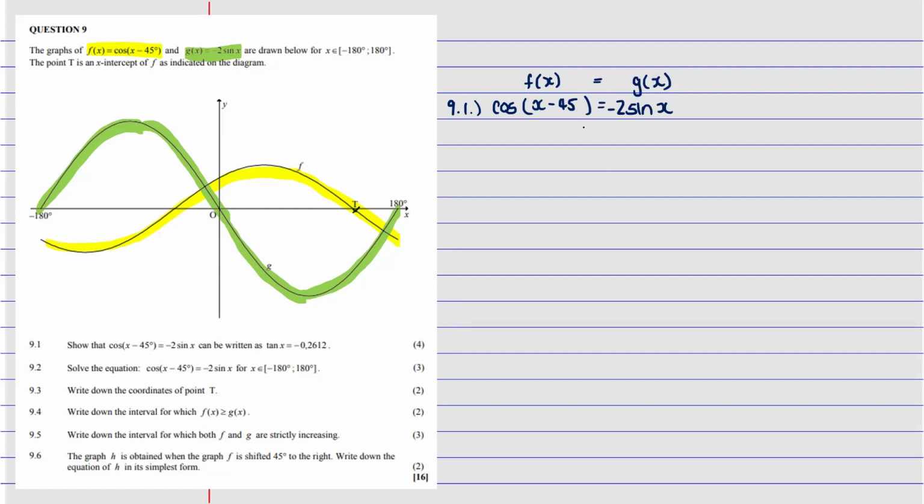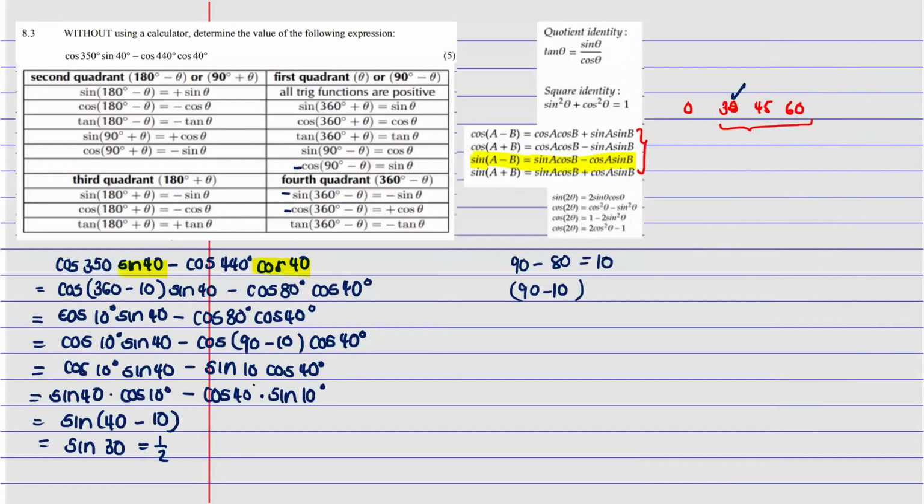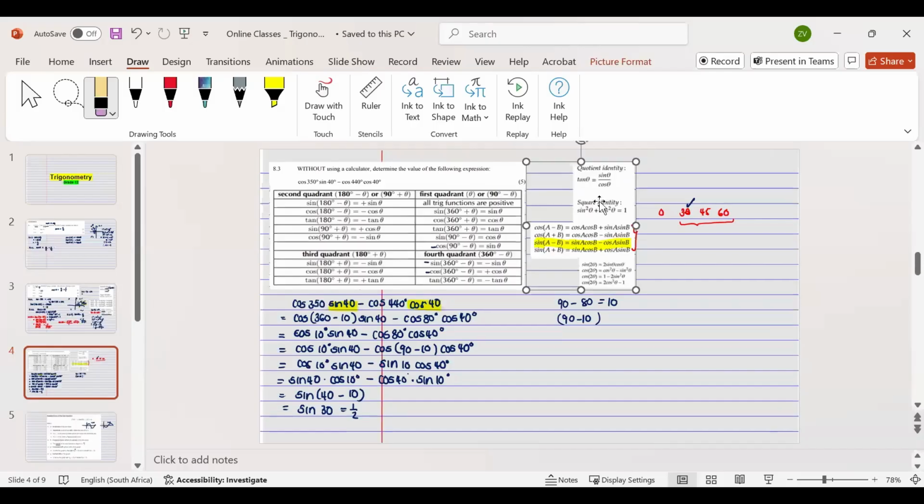So we see that here we can use this identity. I don't know why I don't have it here, but we can use this identity. Let me just copy that identity table.